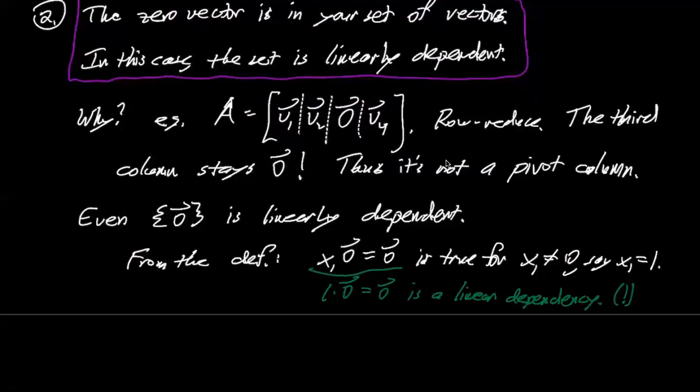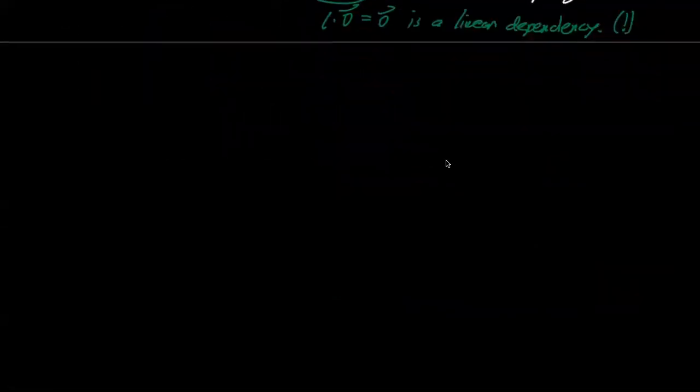All right, so that's the second case. And then the third case I wanted to mention is what if you have more vectors than entries or dimensions?